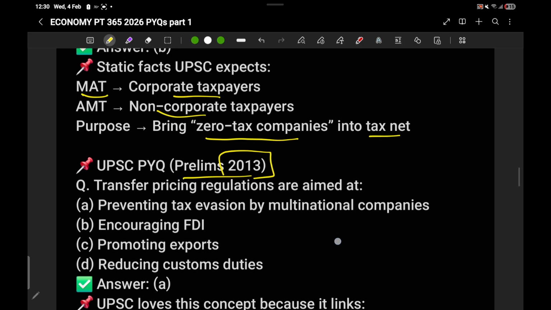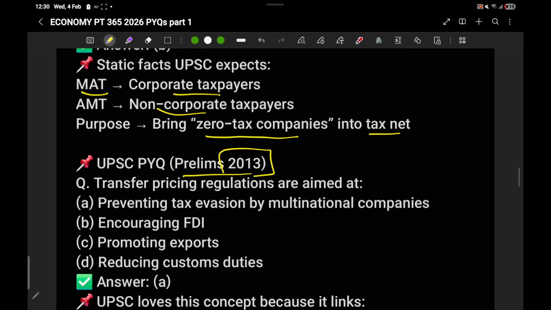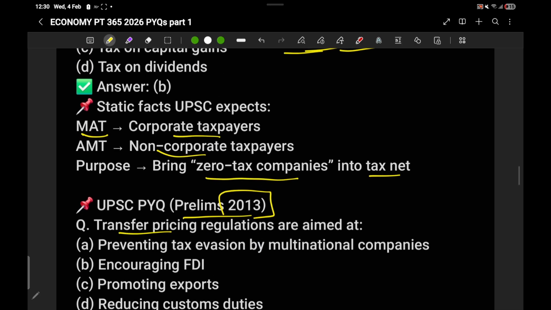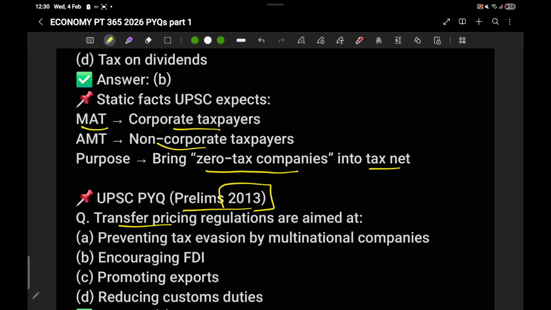Prelims 2013. Transfer pricing. Okay, we have studied it yesterday. Regulations are aimed at option A, preventing tax evasion by multinational companies, encouraging FDI, promoting export, and option D, reducing the custom. So I think you have already seen the answer.